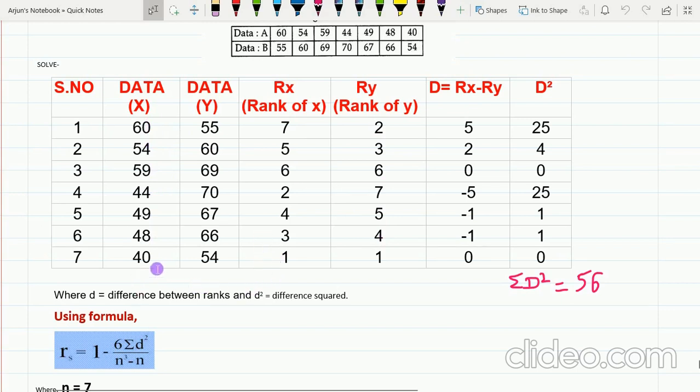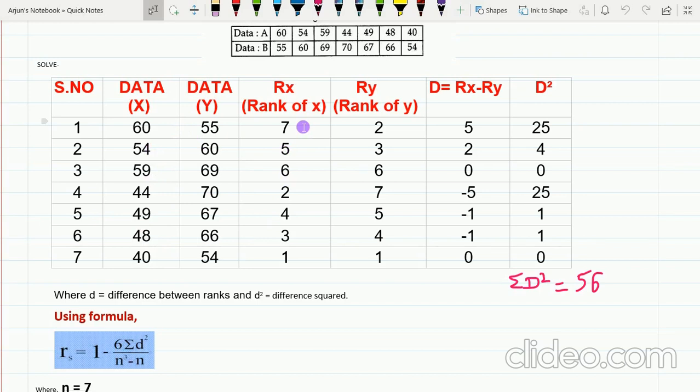Then after 40, slightly bigger is 44. I have given it second. After this, 48 third, 49 fourth, 54 fifth, 59 sixth, 60 seventh. So these are the ranks which I have given to data X.